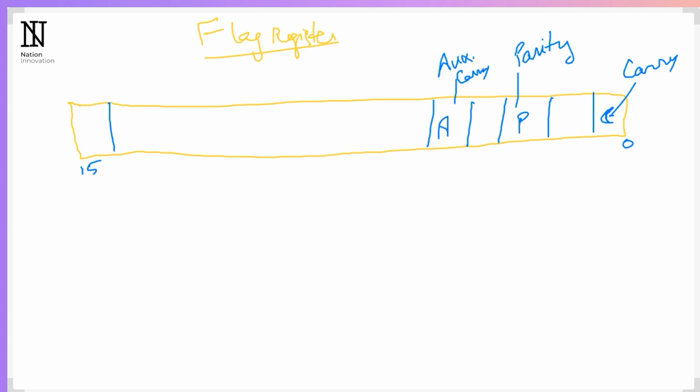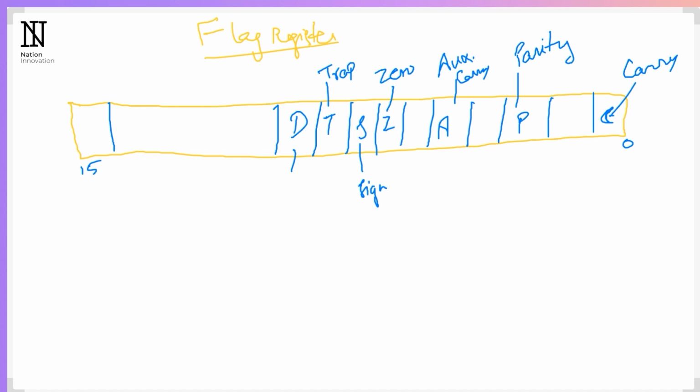Then again after leaving one bit, we have the zero flag. After the zero flag, continuously we have the sign flag. After sign, we have the T trap flag. Then we have D, the direction flag. Then we have the overflow flag. After that, all the bits are not used.